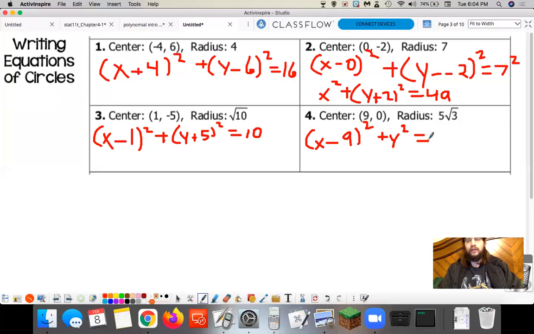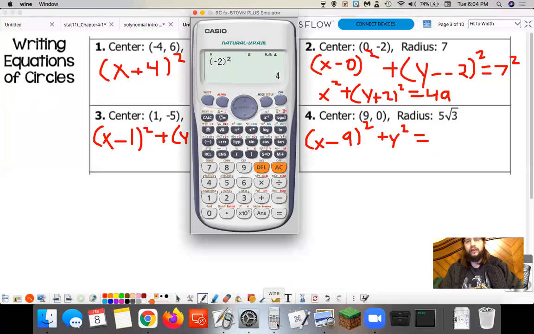This one, you might be able to do in your head. You might not. It's going to be 5 times the square root of 3, squared. Or just take your calculator, use some frequent parentheses. If you don't, it will mess up because it does order of operations. So you have to tell it what to square. 75. Whereas if you drop off those parentheses, it's going to read that as 5 times the square root of 3 squared, which would be 15.